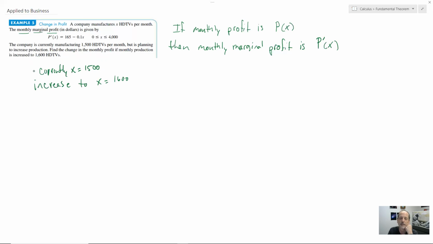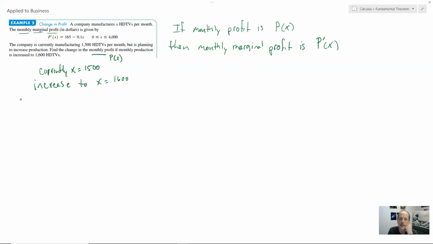So we want the difference, not in monthly marginal profit, but the difference in monthly profit. So that's P of x. So if we changed from 1,500 to 1,600, what's the difference in monthly profit?